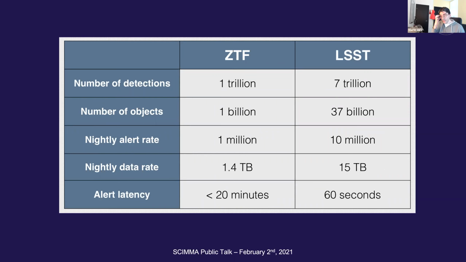So here's a quick summary of what to expect from ZTF, which is already on the sky, and then LSST, which will be on the sky in about 2 years. Now you don't have to worry about the details of the numbers, but look at the units here. It's billions of objects, it's trillions of observations, it's terabytes per night, it's petabytes throughout the year. And the issue with science at such scales is that even a very small subset of these data sets, even if I down-select LSST down to 0.1% of the total data set, that is still large, right? 0.1% of LSST is still about a terabyte.